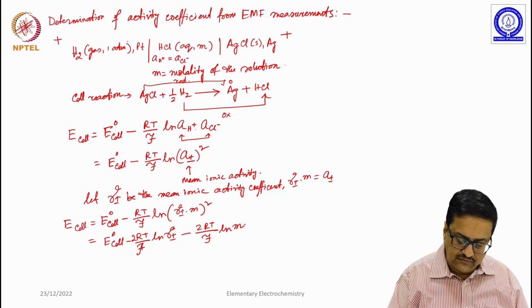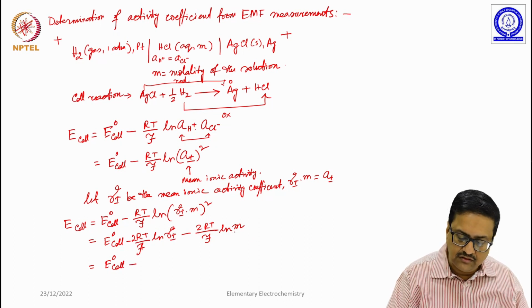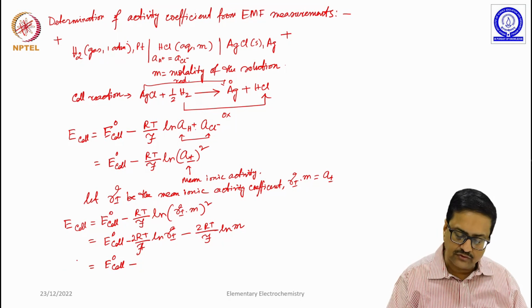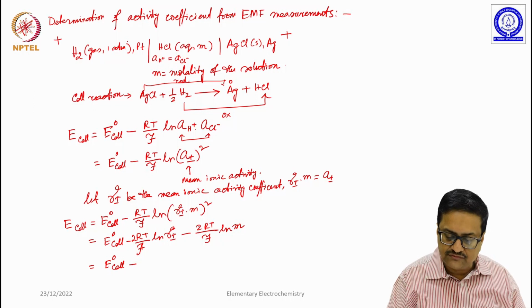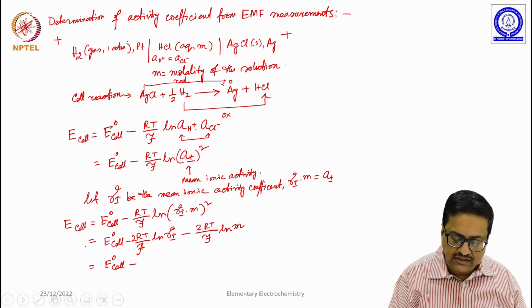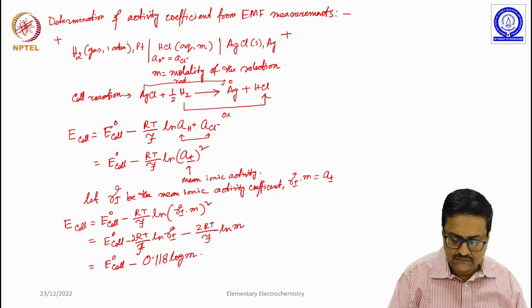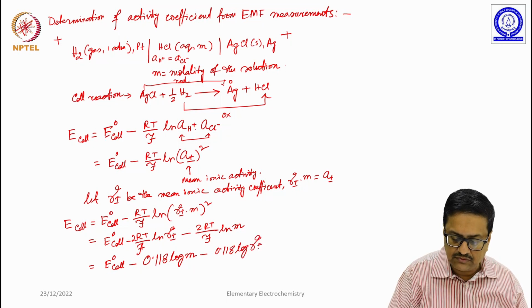Then we further simplify, converting ln to log and applying the values for R and T at 25 degrees centigrade, multiplying by 2 and dividing by F. That number turns out to be 0.118 log of m, minus 0.118 log of gamma plus minus.